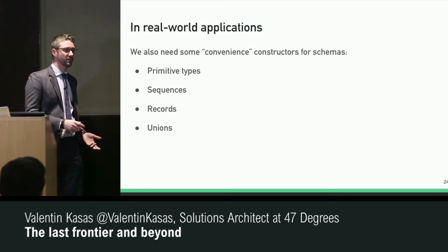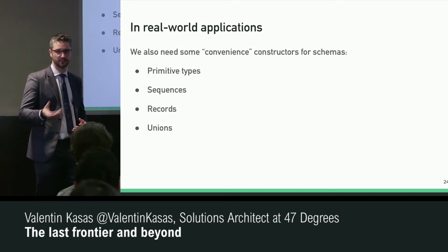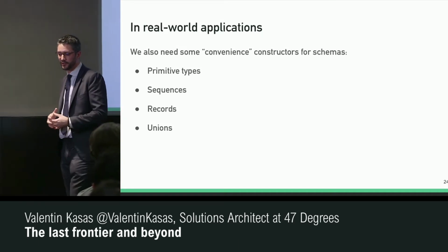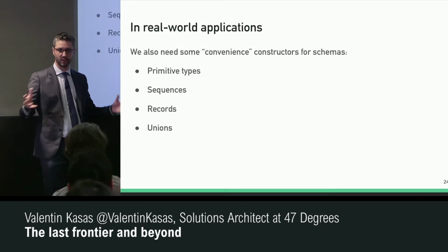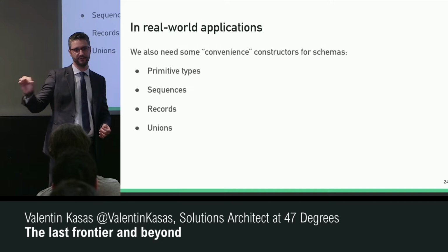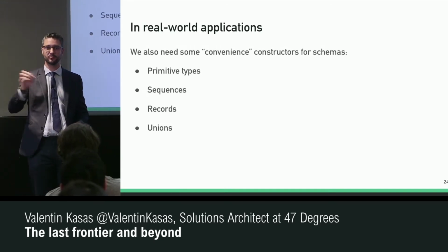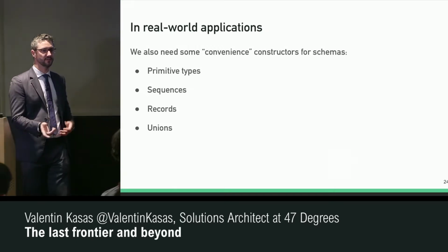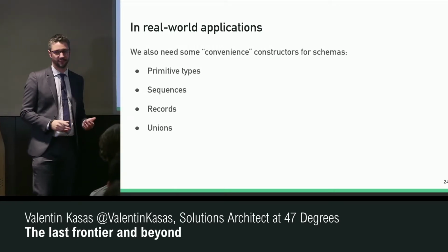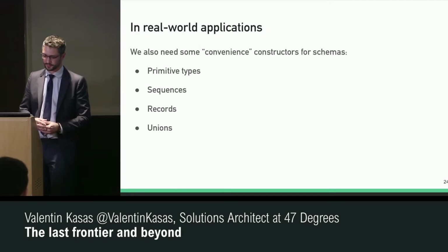And of course, we will need something for lists or sequences, and also records and unions. A record is just a product, but with every field tagged with a label, a field name. And the same goes for a union. It's the corresponding thing for a sum.